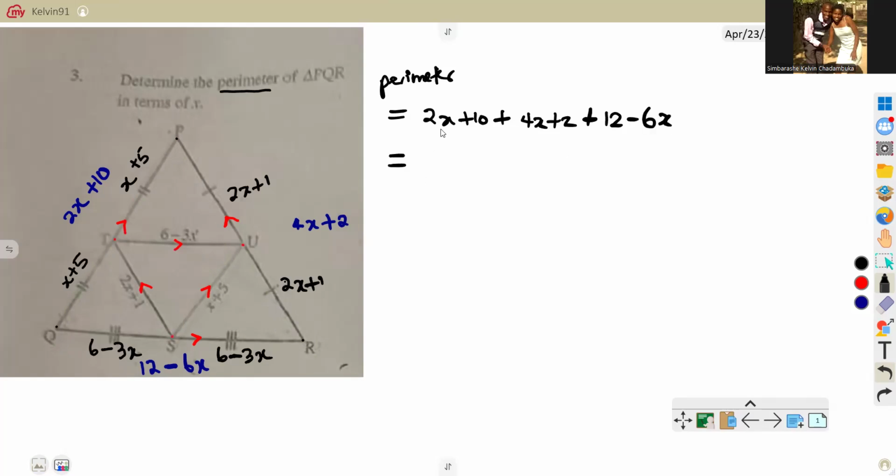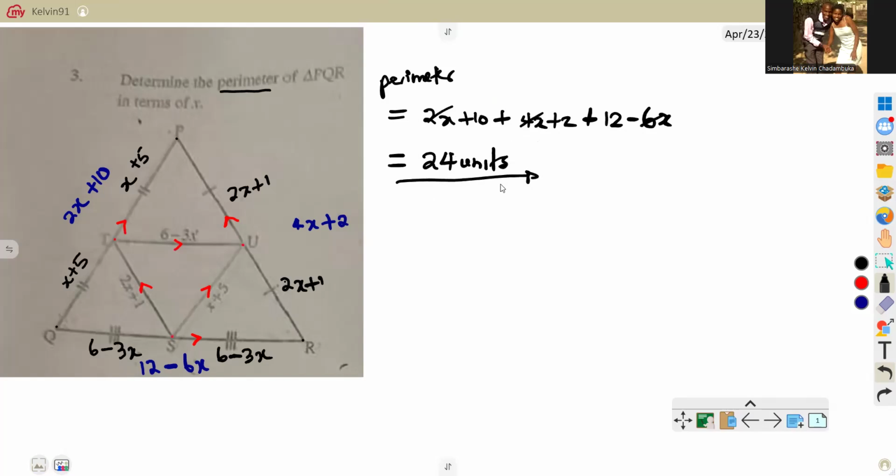Let's simplify. 2x plus 4x is 6x, minus 6x gives 0. Then 10 plus 2 is 12, and 12 plus 12 is 24. So our perimeter is going to be 24 units.